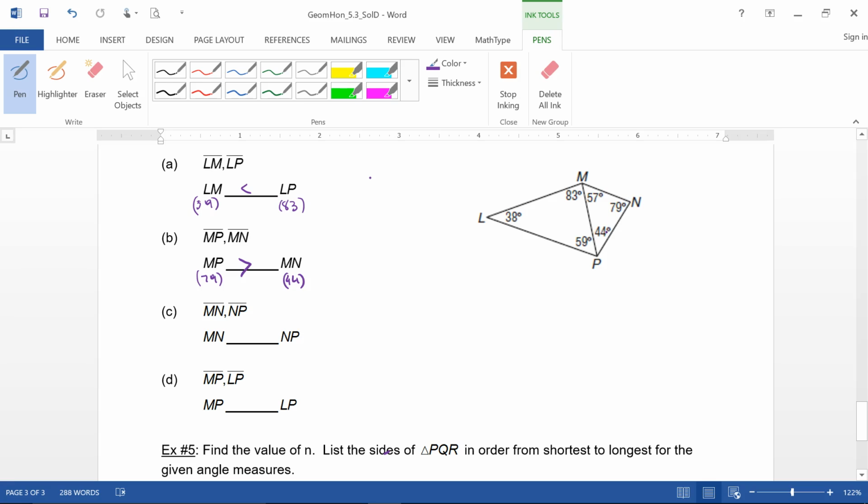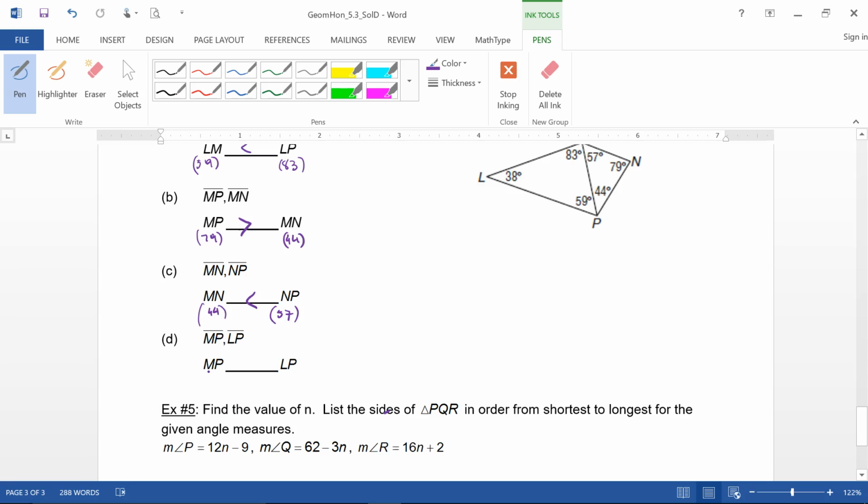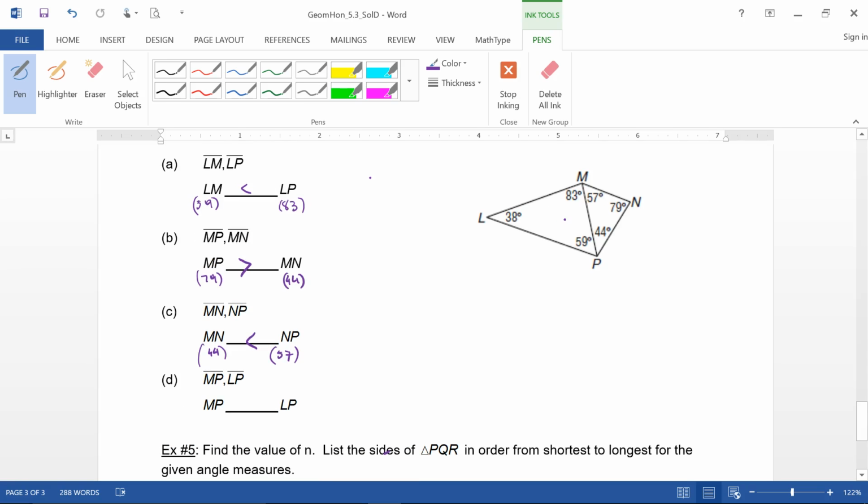MN faces a side of 44. NP faces what? 57. So 57 wins. What about the other one? MP and LP. So LP faces a side of 83. And what about MP? 38.